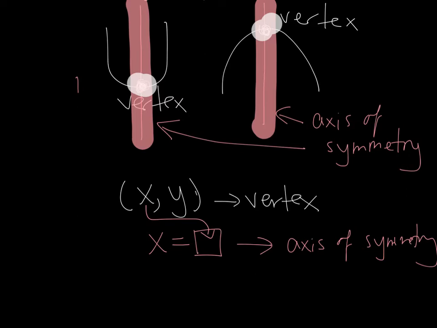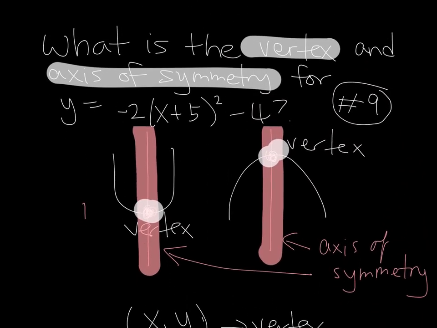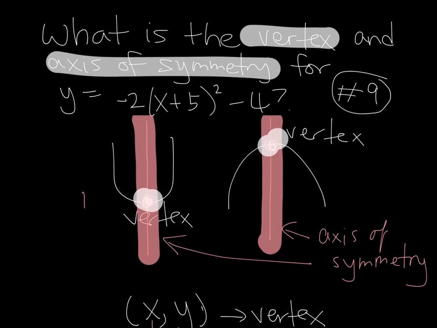Okay, so now that we know what the vertex is, what the axis of symmetry is, and how we're supposed to write our answer, now let's go back to the question and take a look at it. It says, what is the vertex and axis of symmetry for this equation?